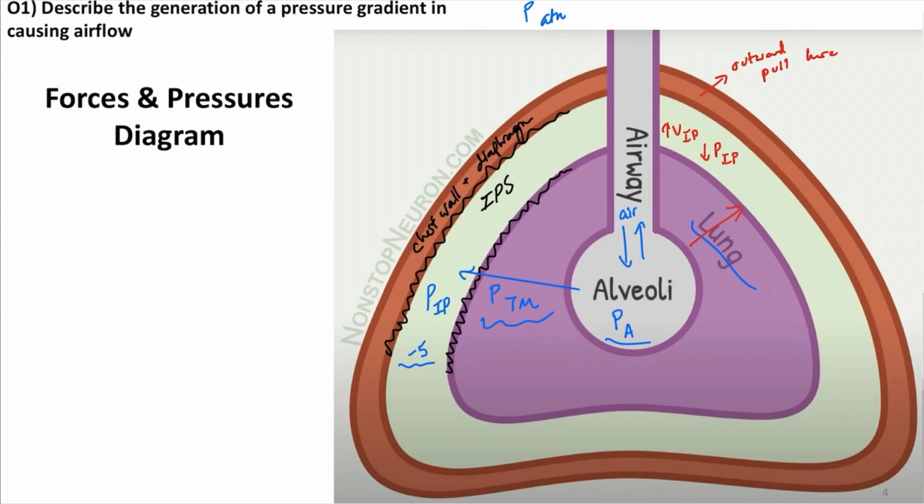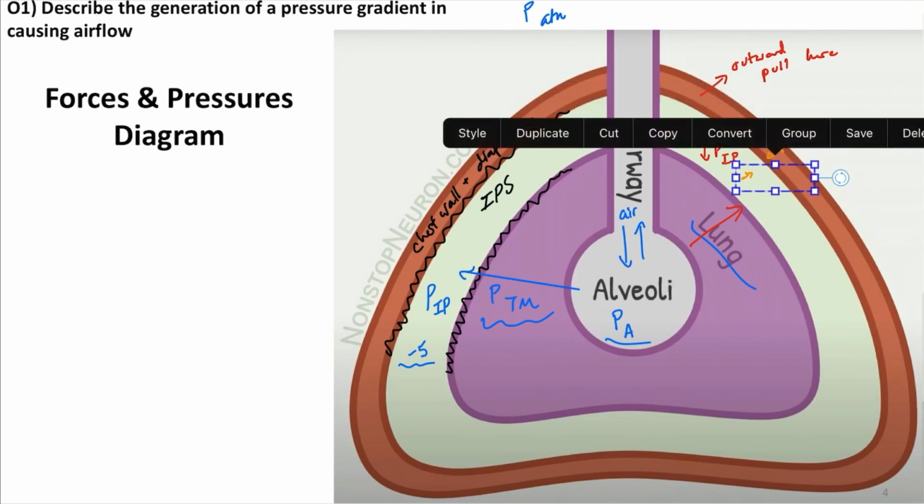What's going on here is basically this force is transmitted by this interpleural negative pressure. Because it is negative, the forces are transmitting inward of the walls, pulling both of the walls towards each other. So as this outer wall gets pushed outward, it is going to have an opposite force that then pulls the lung outward.